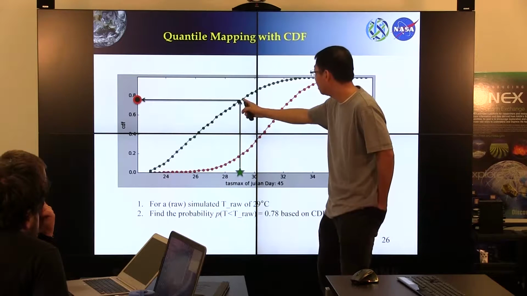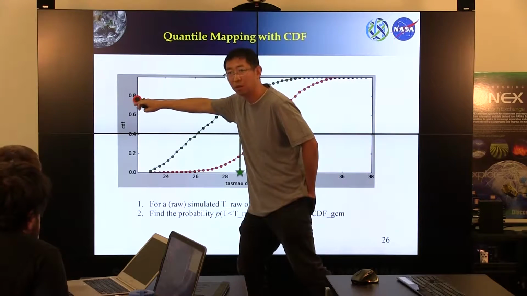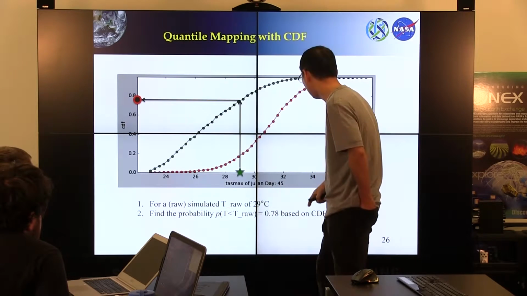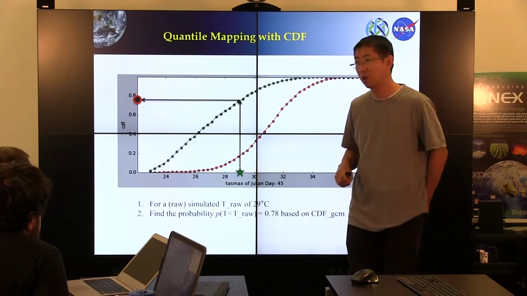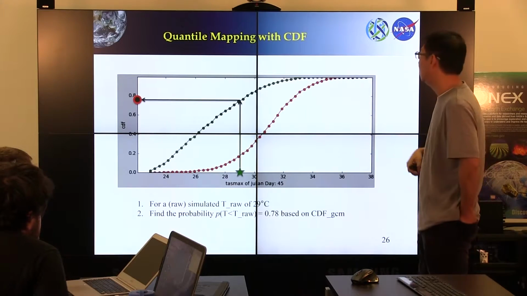So basically, draw a line to the CDF and find that point. It says almost 78% of the temperatures in the model simulation were lower than 29.